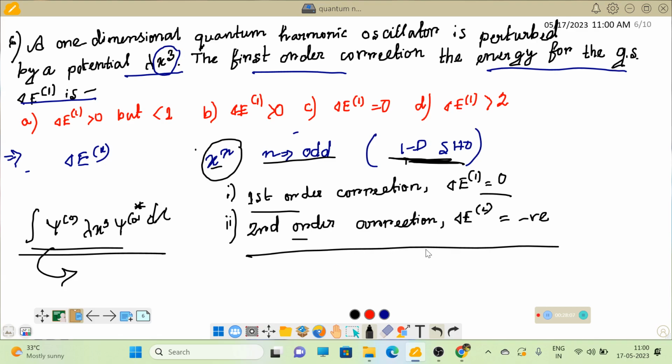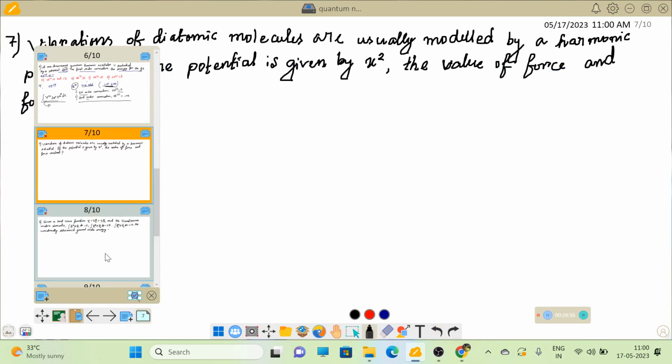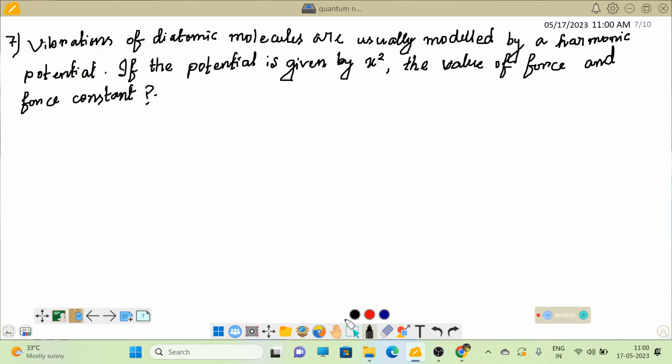Okay, going to the next question. Vibrations of diatomic molecules are usually modeled by a harmonic potential.